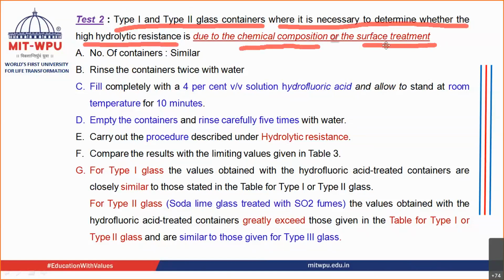Because of sulfur dioxide you are getting high hydraulic resistance, or is it because the chemical composition is different?